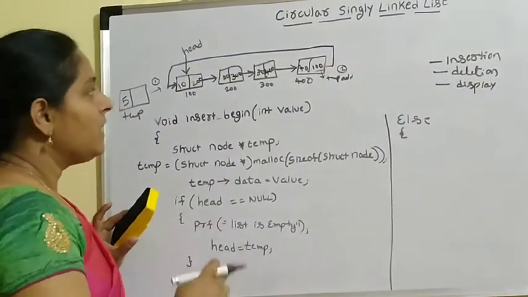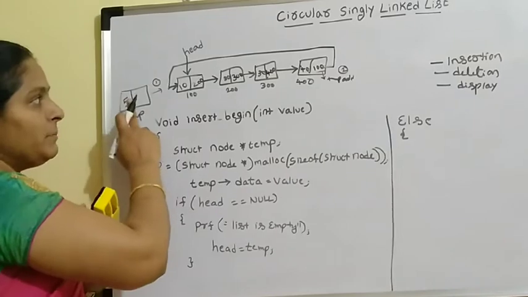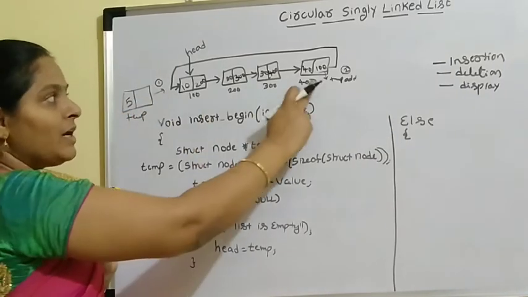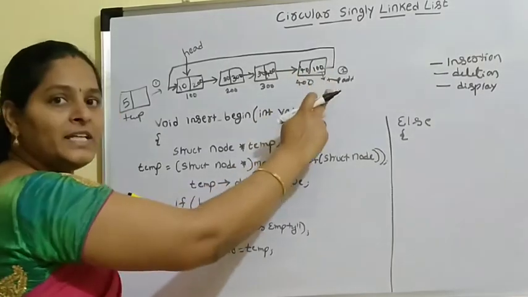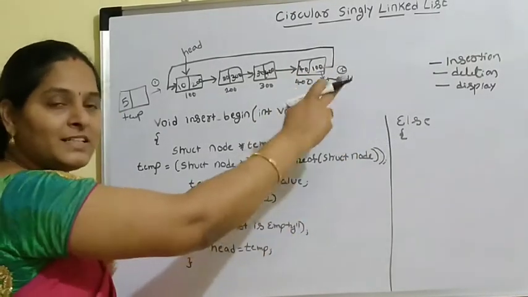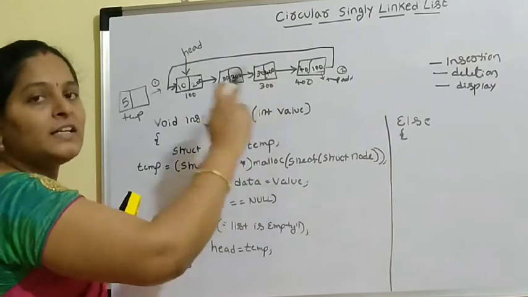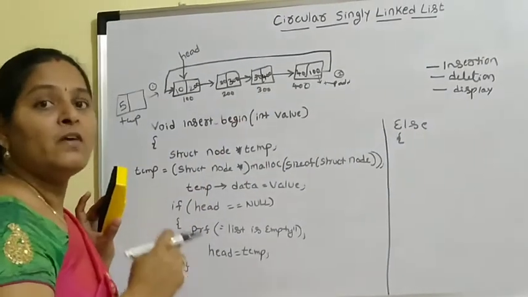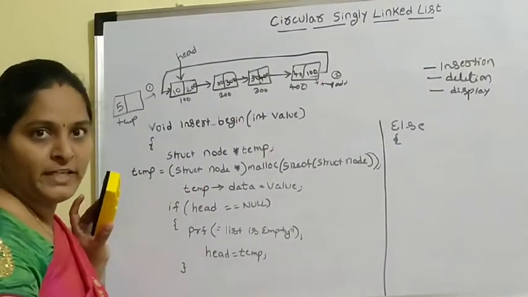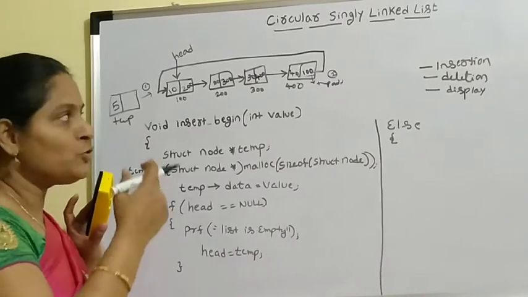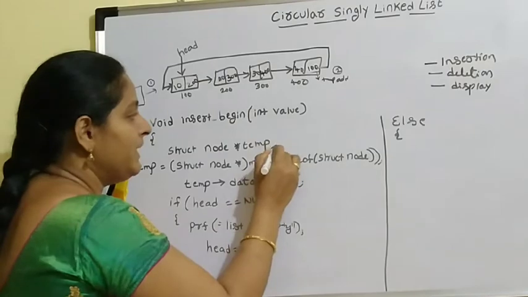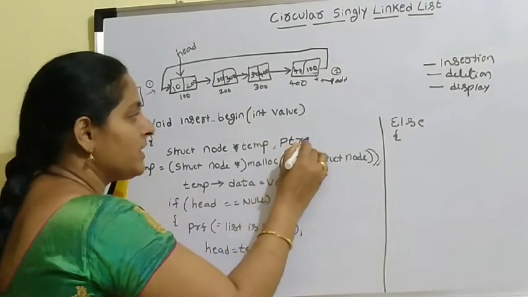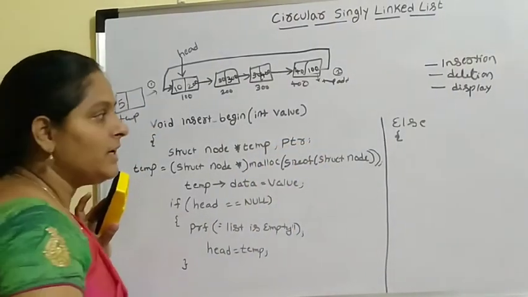If you are inserting in the begin position, we need to know the last node address also, because only the last node has the first node address. So that address also we need to modify. That is the reason we need the help of an extra pointer to point to the last node. So take one extra pointer PTR. Here I am taking one extra pointer PTR.